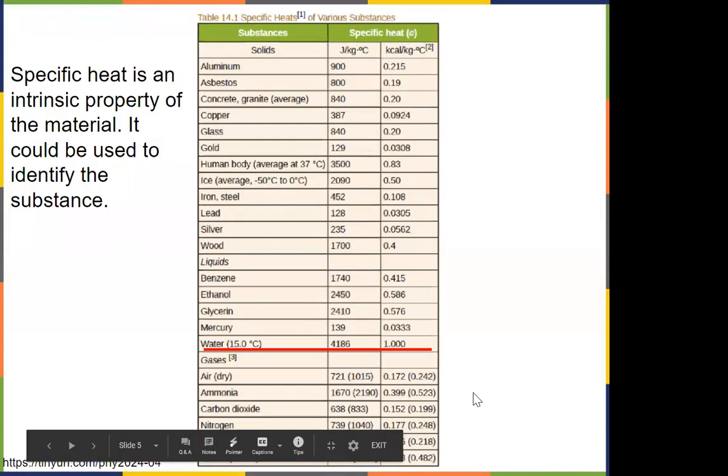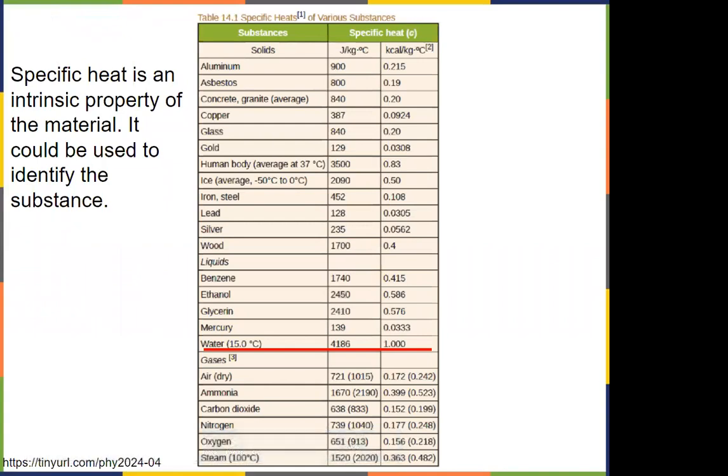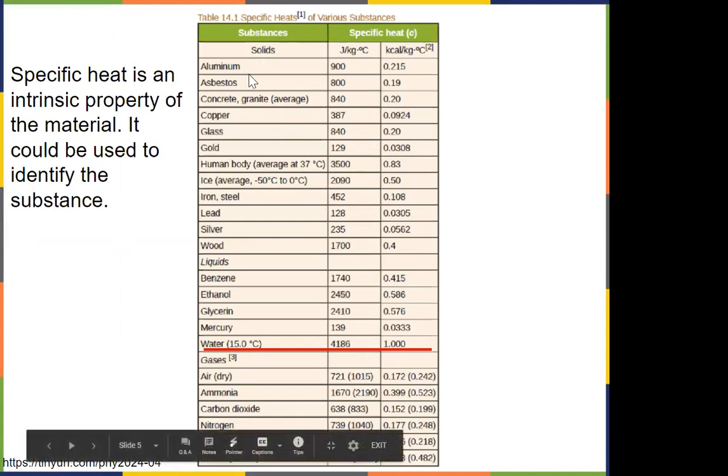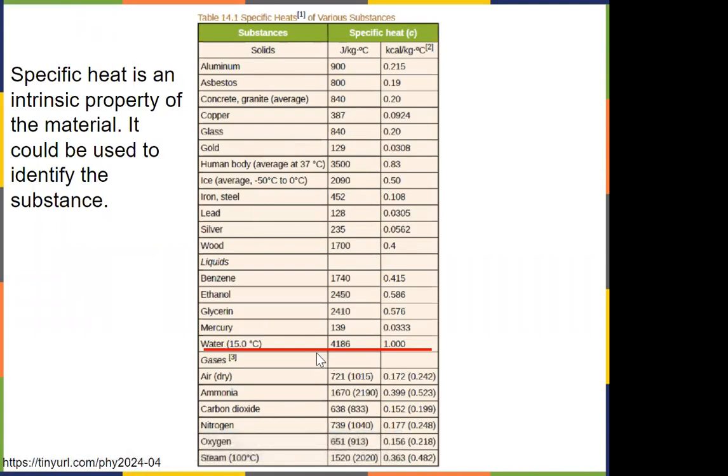As I mentioned, the specific heat capacity is substance dependent, so you can look it up on this table for a given substance. One thing you might want to pay special attention to is water.